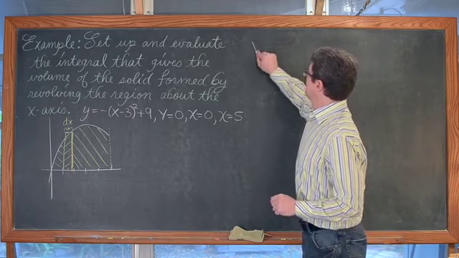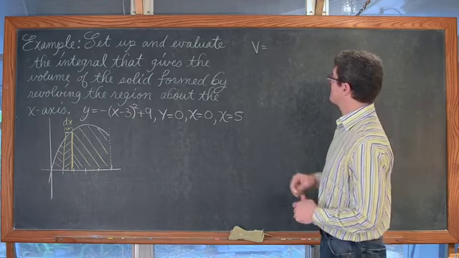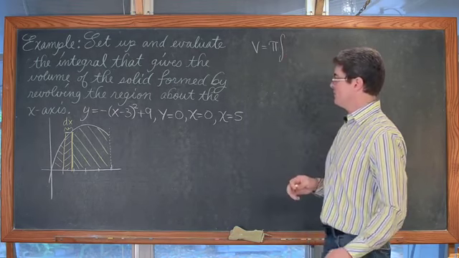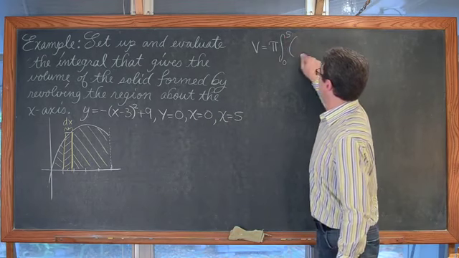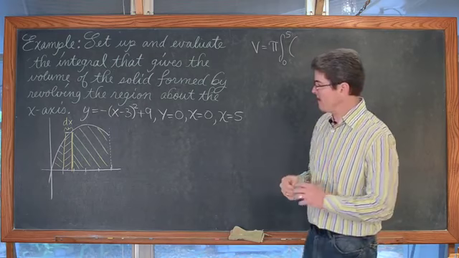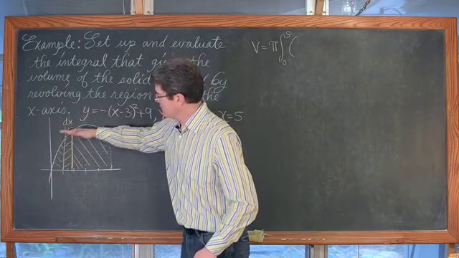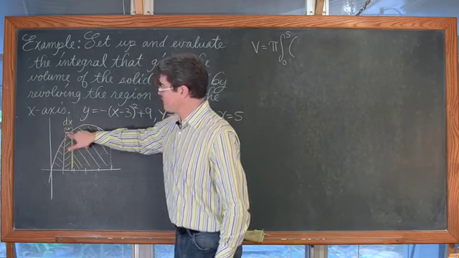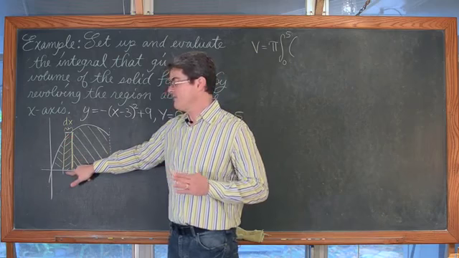So the volume of this solid, once we revolve it around the x-axis, is going to be found by doing pi times the definite integral from 0 to 5 of, now, our radius. The heights of these rectangles are going to be found by taking the y value from our function and subtracting the y value from the bottom.